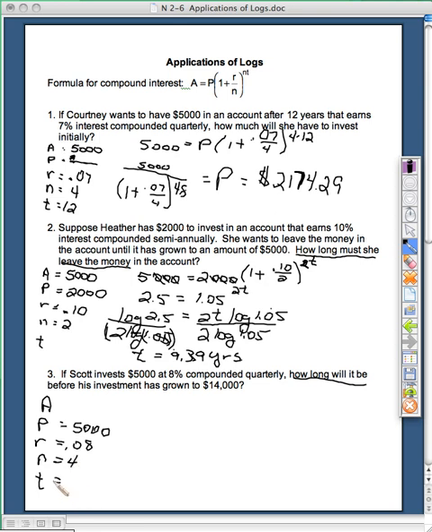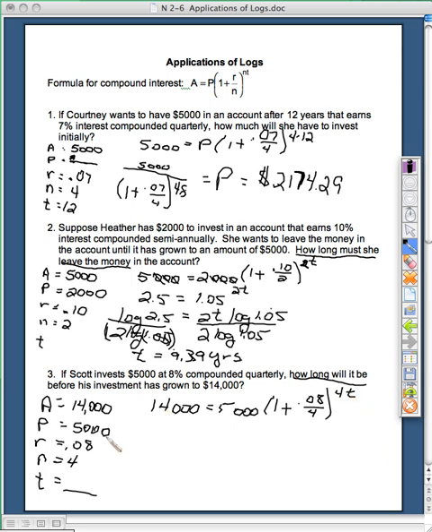T is what we're looking for, and he wants to end up with $14,000. Okay, so we have 14,000 is equal to 5,000 times (1 plus 0.08 over 4) to the 4t power.